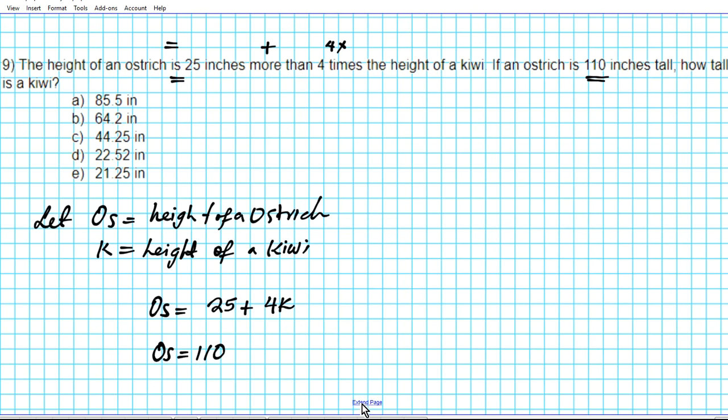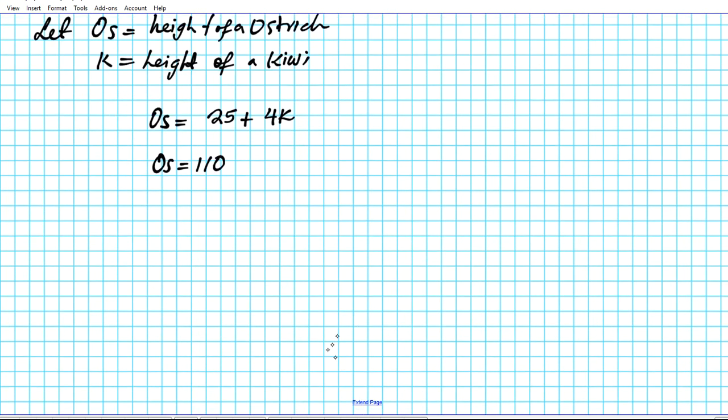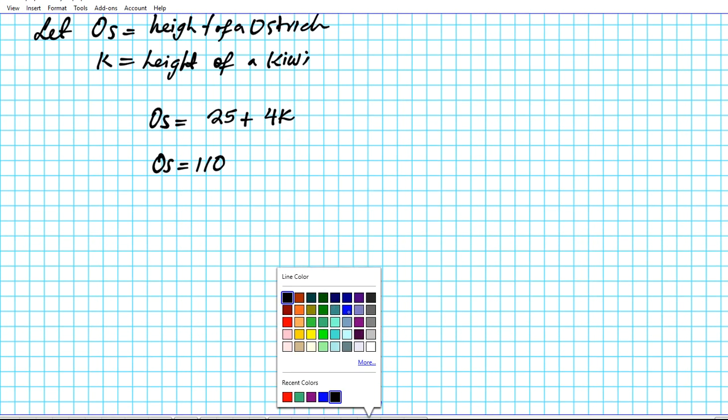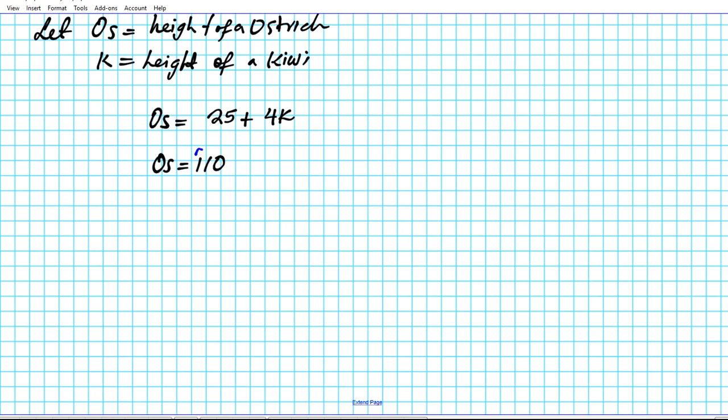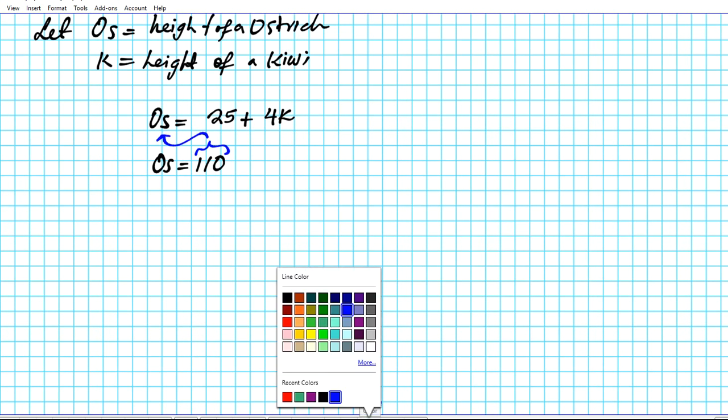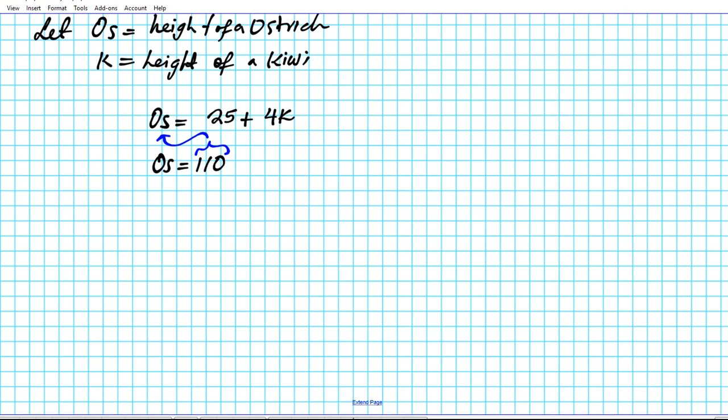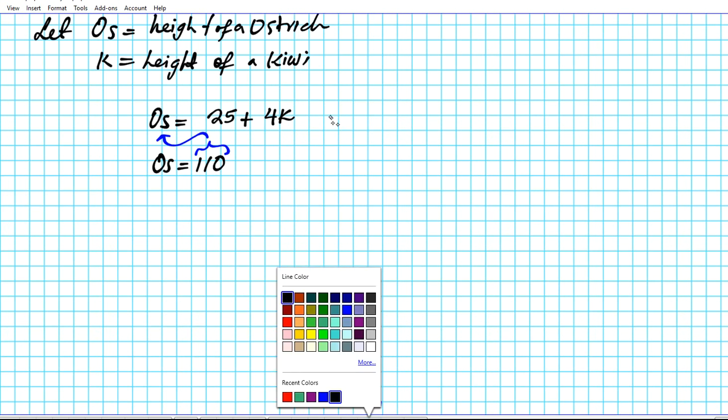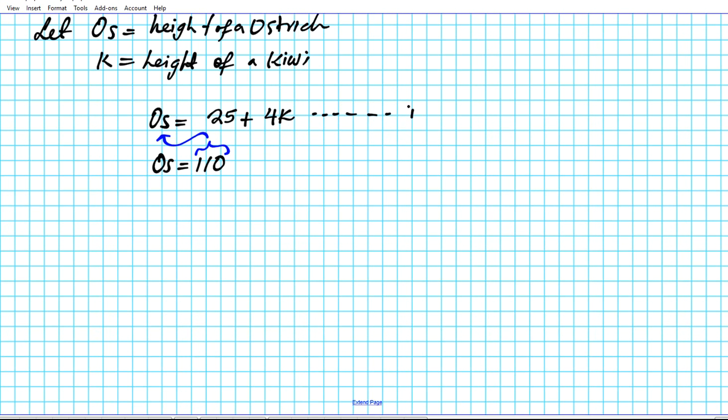With this setup, we can make a substitution. What kind of substitution can we make? We can take the 110 and substitute it for the height of the ostrich in the first equation. We'll call these equations 1 and 2.